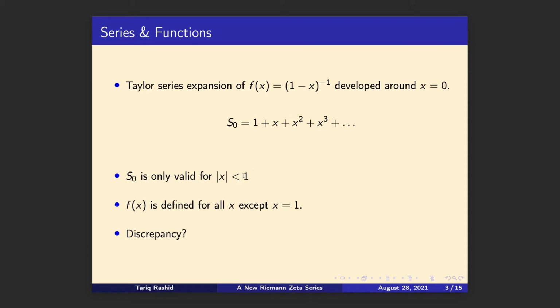For x equals 2, this is certainly defined. 1 minus 2 is -1, and 1 over that is -1. But this series is only valid in a smaller domain, a subset. What's going on here? Is there a fundamental difference between these two things? Is this somehow inferior? Let's find out.